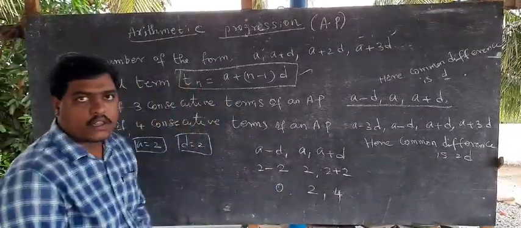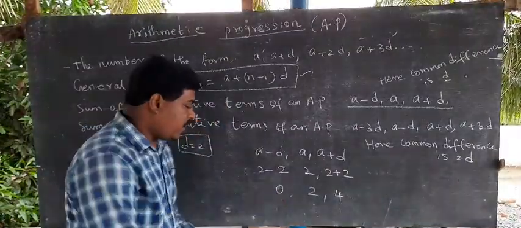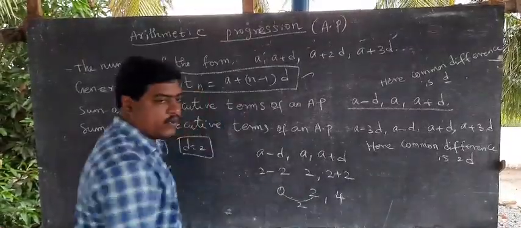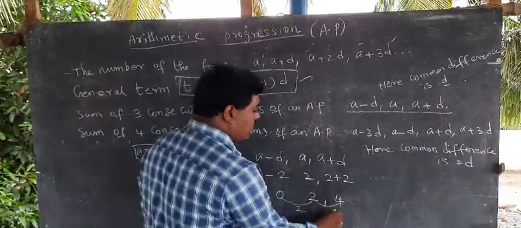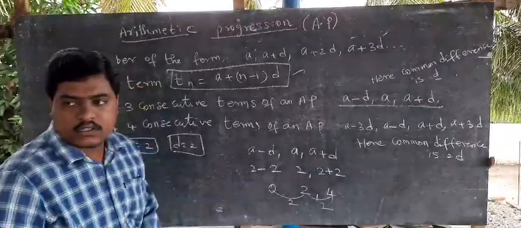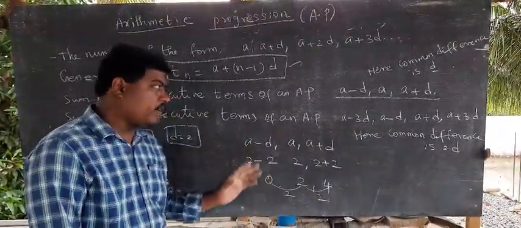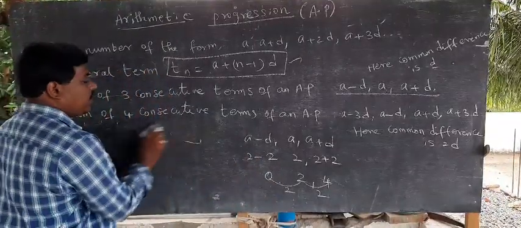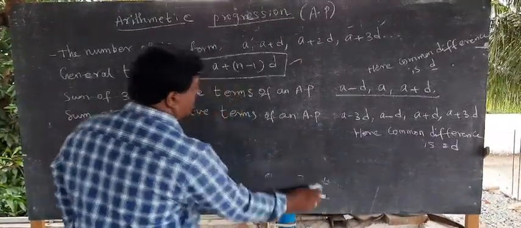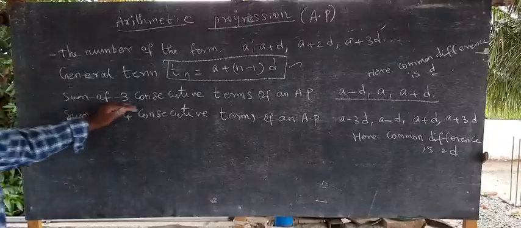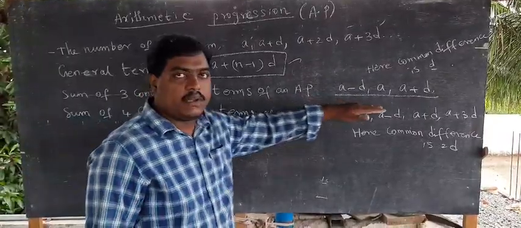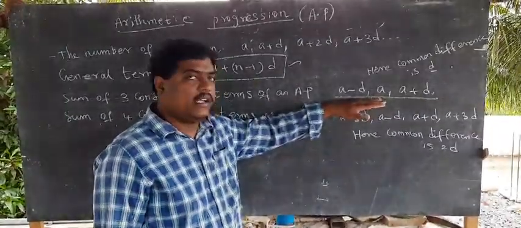This is also an AP. From 0 to 2 the difference is 2, from 2 to 4 the difference is 2. So the terms are in AP and this is also satisfied. So in the given note, for finding the sum of 3 consecutive terms, we take it like this and get the solution easily.